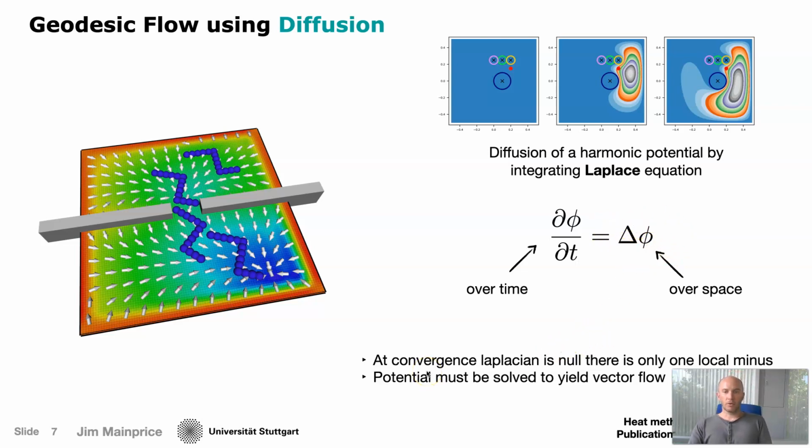And so this leads us at convergence to a potential which is harmonic and has only one local maxima or minima, which is actually the goal here. So the potential must be solved in order to get the vector field, which are these white arrows here.